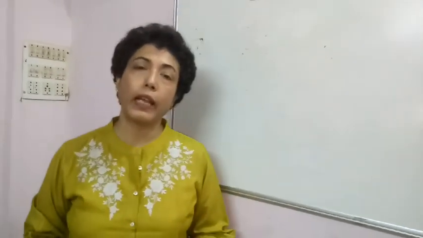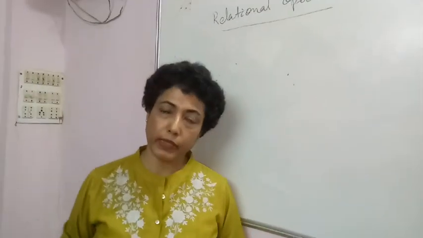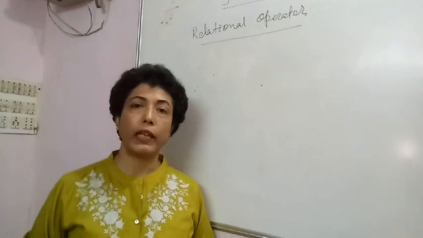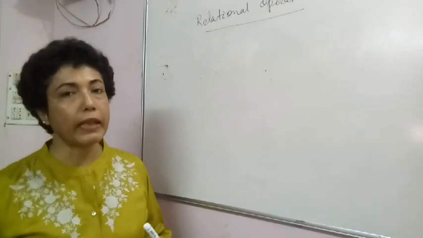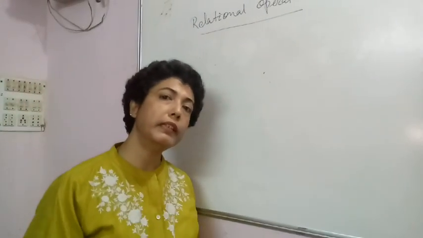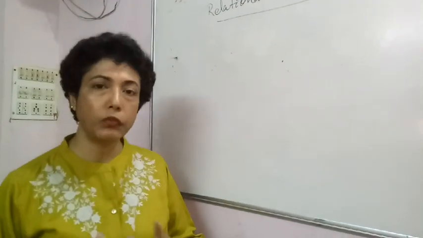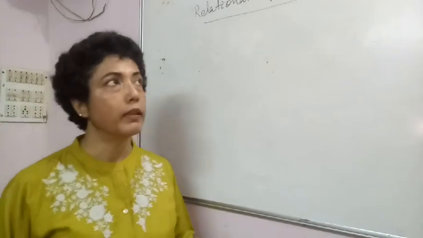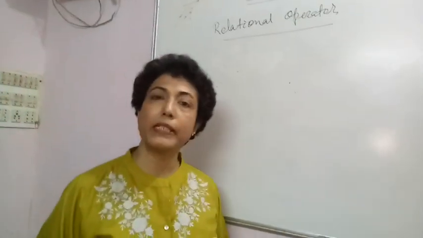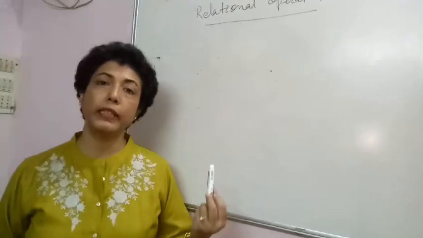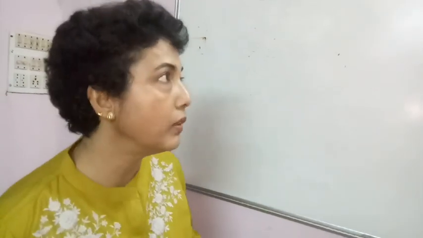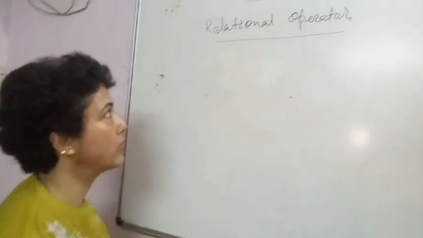That means they are used for making a comparison between two values or two variables, thereby trying to establish the relationship between them. The expression formed by using this operator is called a relational expression, and the result given is always in the form of true or false, that is the Boolean value.